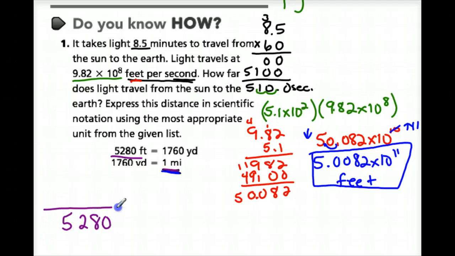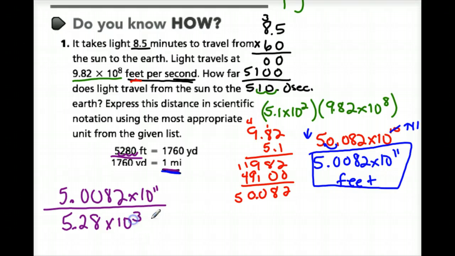So we're going to divide 5.0082 times 10 to the 11th by this amount of feet. Let's go ahead and convert this to scientific notation. If we do that, then this is 5.28 times 10 to the 3rd power.